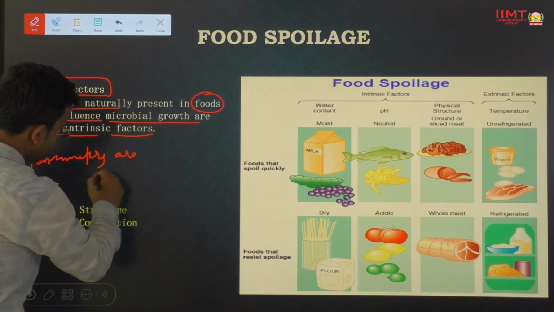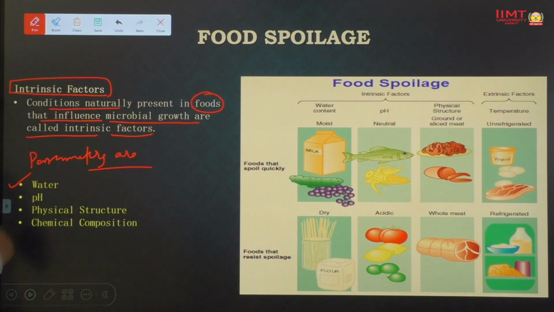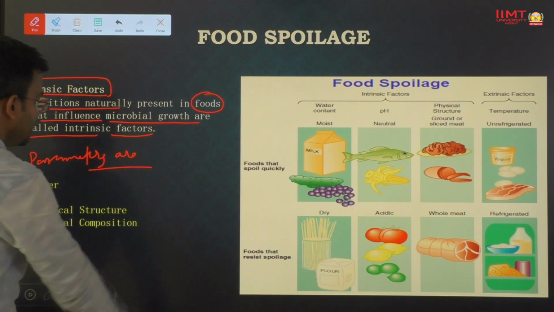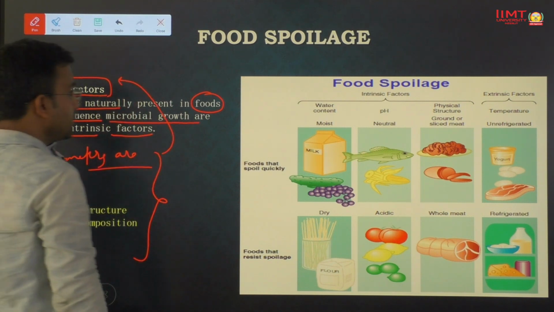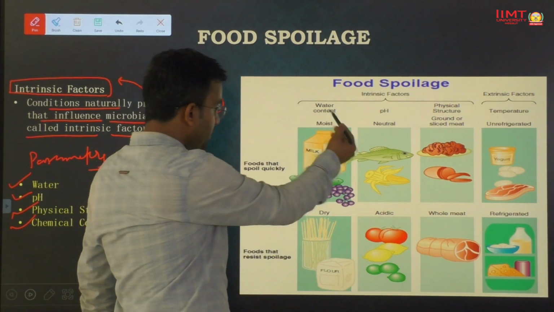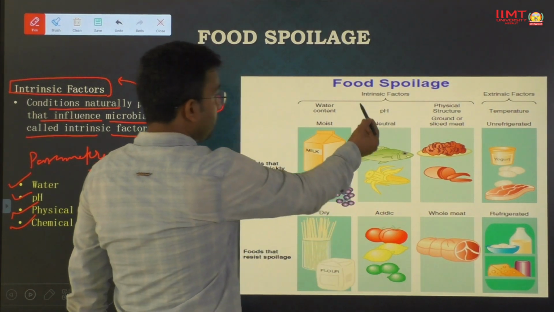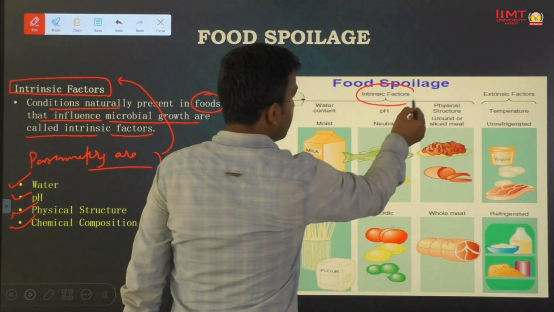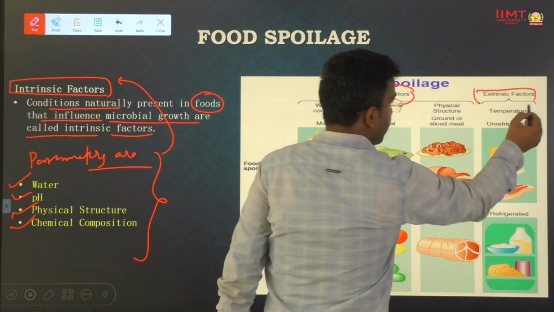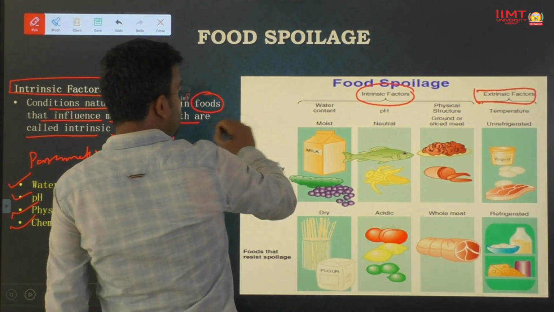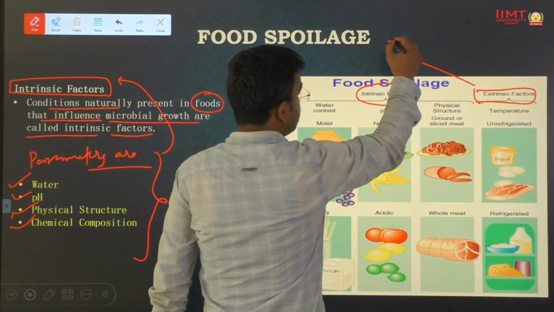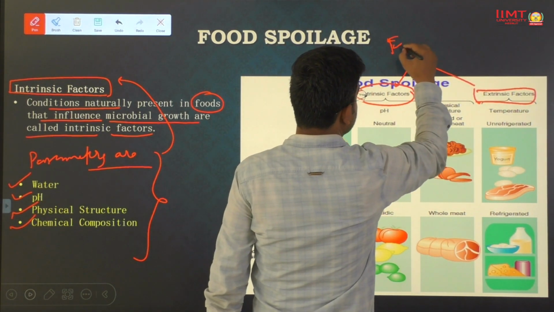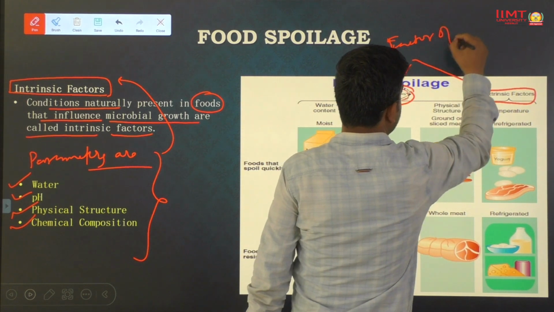are: water, pH, physical structure and chemical composition. These are the parameters of intrinsic factors. So here we learn about food spoilage, intrinsic factors and extrinsic factors, because these factors are divided into two parts: factors of spoilage.